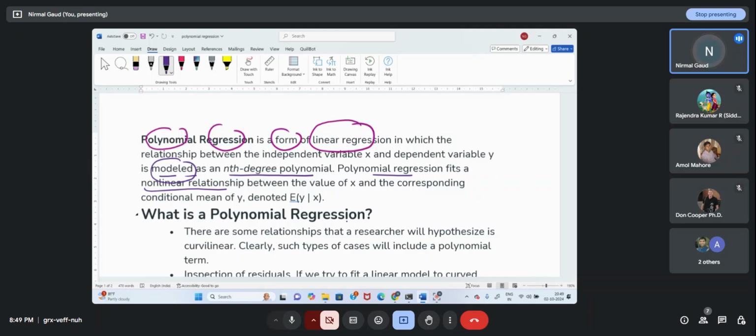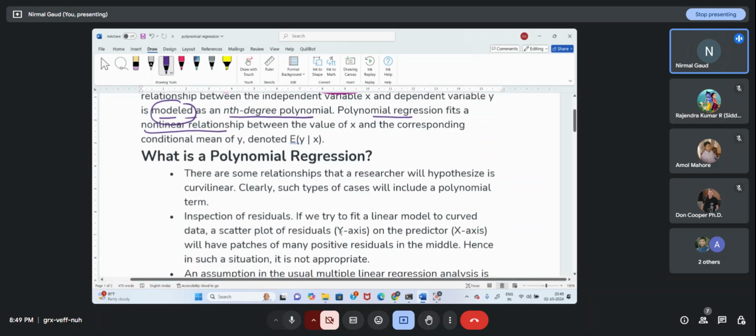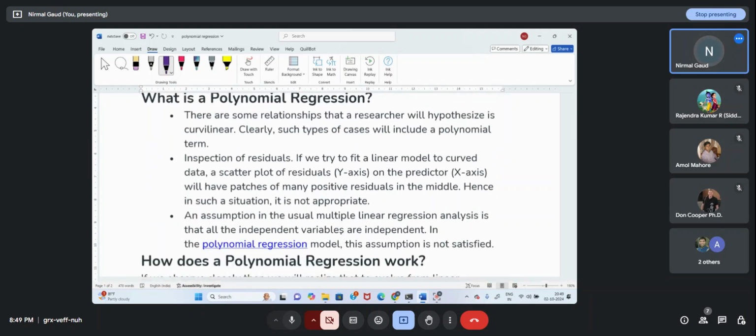While model training, we will specify poly. We'll see the code ahead, don't worry. There are some relationships in the data which are not specifically linear, which may be polynomial.